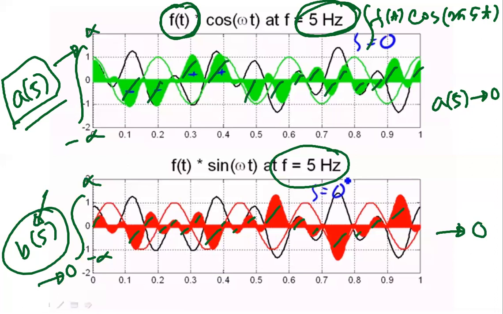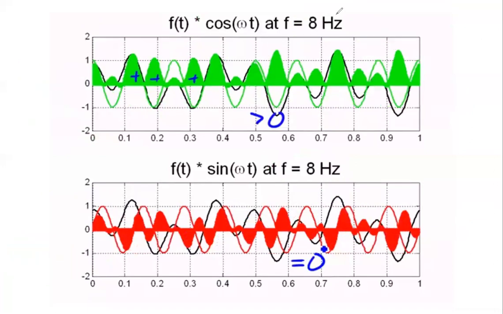Okay, now we try the 8 hertz, and eventually we can expect that since our signal was an 8 hertz cosine signal, yes, A8 we should get some data more than 0.